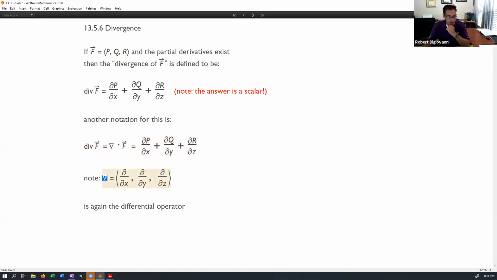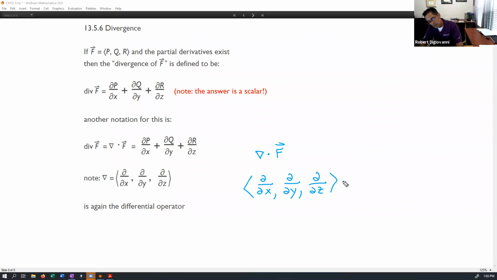If we define the gradient to be just the partial with respect to X, Y, and Z respectively, then if we dot that vector with the field P, Q, R, you get the partial with respect to X, partial with respect to Y, partial with respect to Z dotted with P, Q, R. When you do dot products, you're supposed to do this times this.